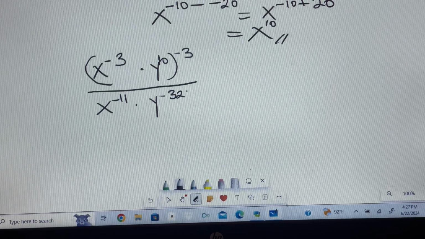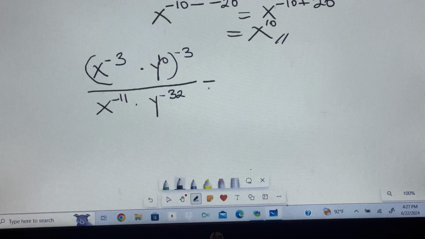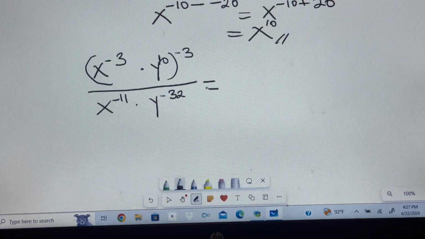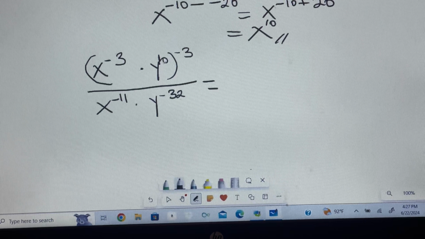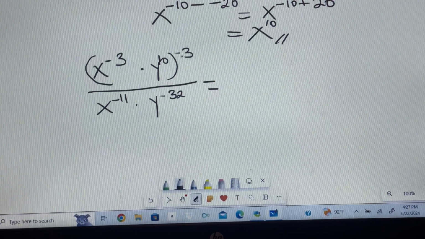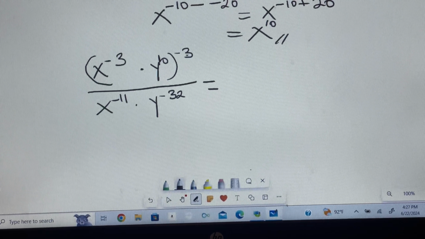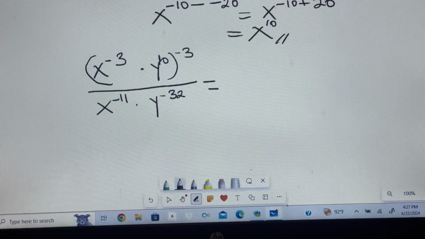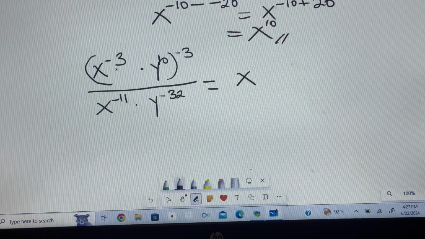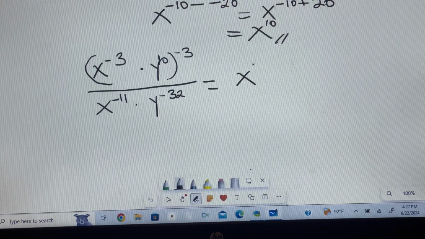The first thing we're going to do is to clear the brackets. It should be equal to x to the power of negative 3. So now you're going to multiply the exponents. This is negative 3, you're going to multiply it with negative 3. So you have x to the power of negative 3 multiplied by negative 3, which is positive 9.